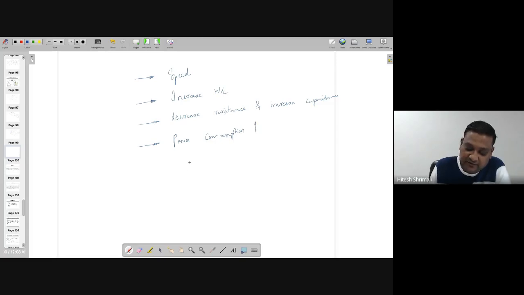I want to see everything at low power, meaning speed has to be very high and power has to be low compared to what we are doing with the speed. So this is what I want, but unfortunately, as per the science which we have developed, actually it's not possible.